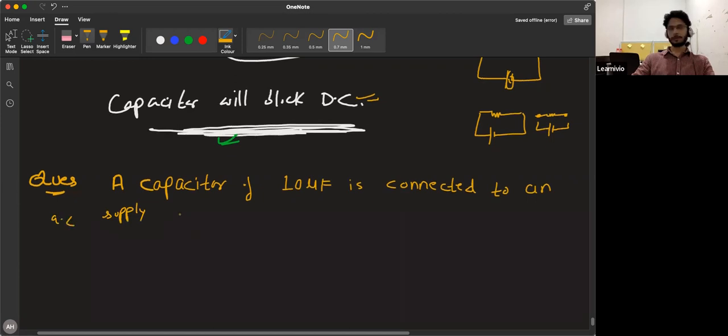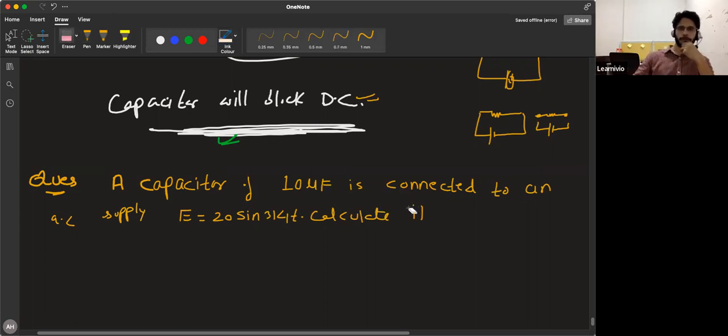E is 20 sine 314t. Calculate: first part, capacitive reactance.